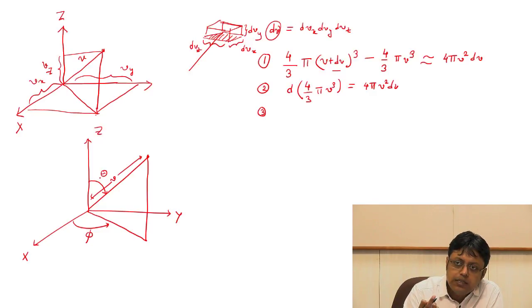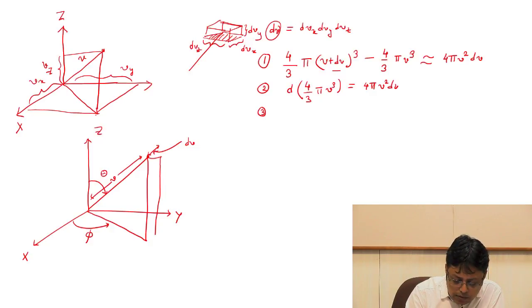Now the question is, what will be the ranges of phi, v and theta? v can go from 0 to infinity, but here we are keeping v fixed and going from v to v plus dv. So this is nothing but dv, and simultaneously we'll change phi to phi plus d phi.